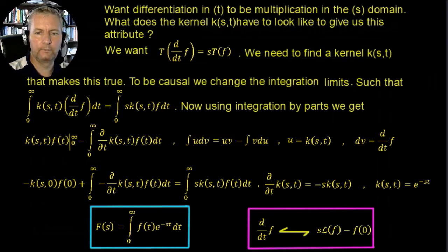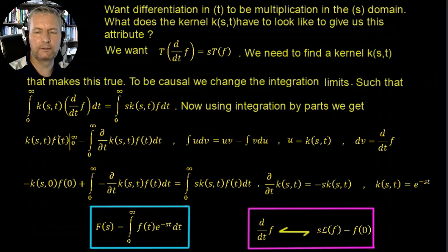So finally we'll look at this little section here, which is the initial condition. Now we have this k(st) times f(t), so we said here that we had to ensure that the original integral converges, so we say the limit as t tends to infinity of k(st) f(t) would have to equal 0.